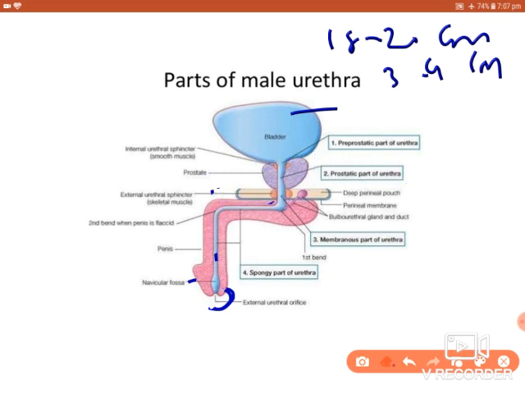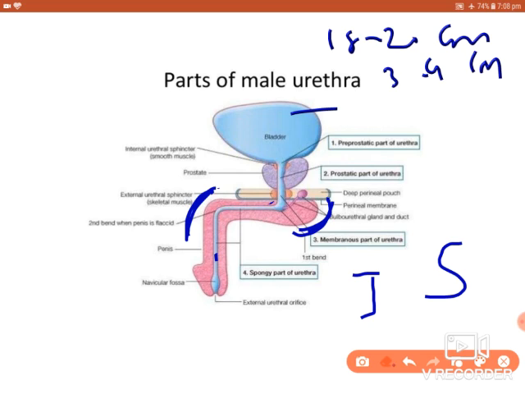In the flaccid state, the spongy part appears S-shaped. You can see two curvatures: a proximal curvature and a distal curvature. In the erect state, the spongy part is J-shaped.